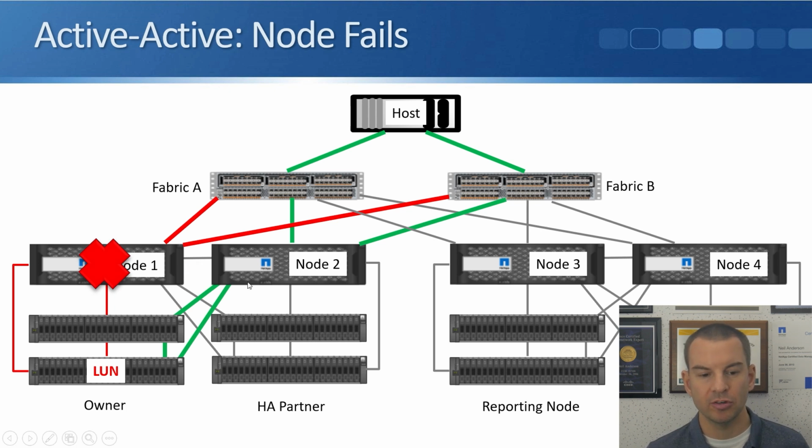It will take ownership of node 1's disks, and now it's going to be the SAS cables on node 2 connected to those disk shelves that are going to be used. The client will learn about its new best paths, and the traffic is going to go through the Fabric A and the Fabric B switches again, but it's going to use the connections that terminate on node 2 rather than node 1, so it can still get to its storage.